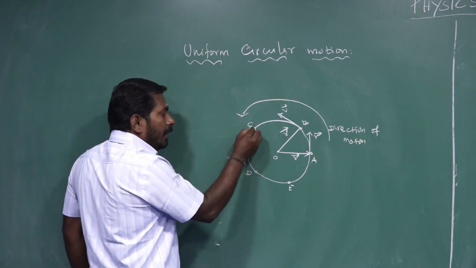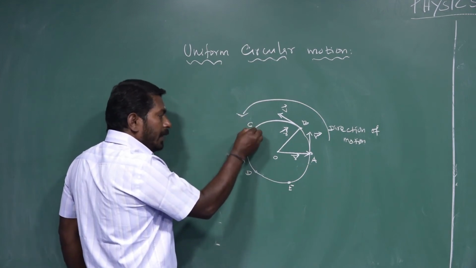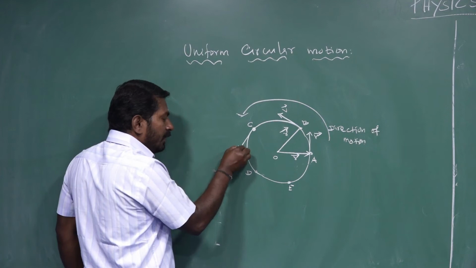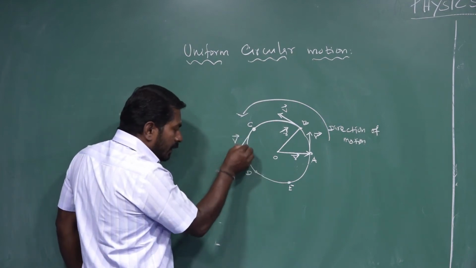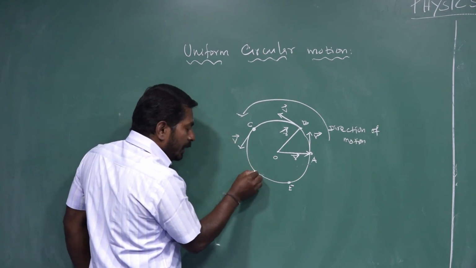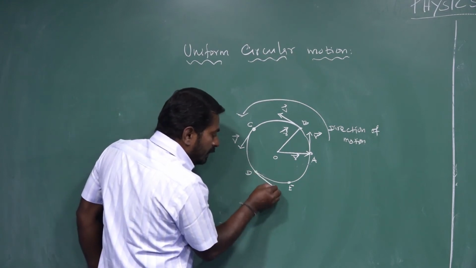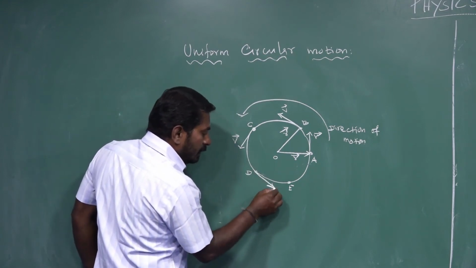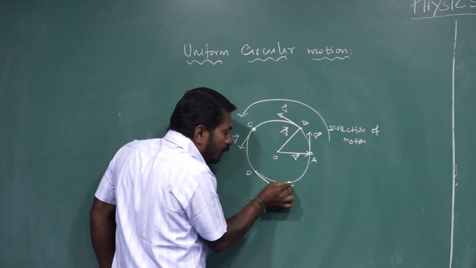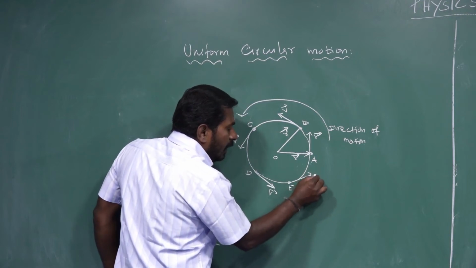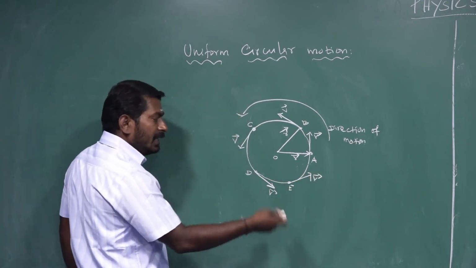It reaches the C point with the same speed, but the direction of linear velocity is acting along this direction. It reaches the D point with the same speed, then the direction of linear velocity changes. It reaches the E point with the same speed, but the direction of linear velocity or tangential velocity is a different direction.